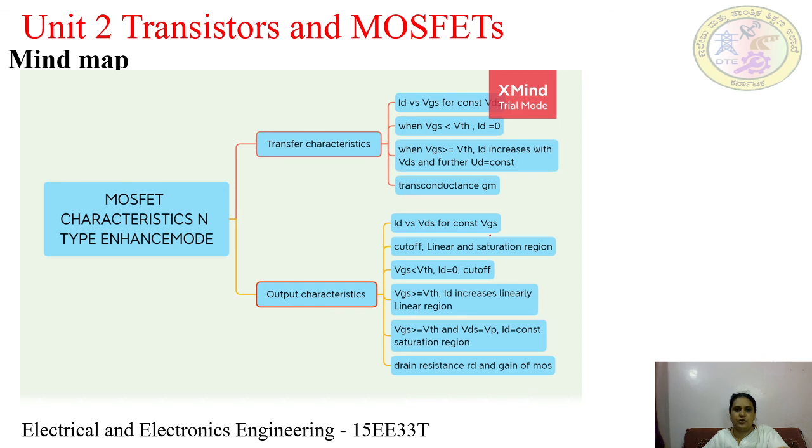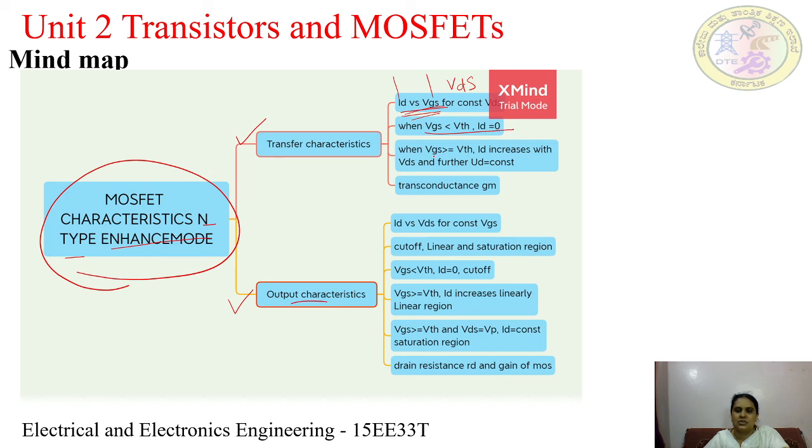So let's have a quick mind map. Today's topic was the characteristics of the MOSFET. We discussed the characteristics of the N-type enhancement mode MOSFET: the transfer characteristics and the output characteristics. In the transfer characteristics, it is ID versus VGS for constant values of VDS, so output current versus input voltage. When VGS is less than VTH, ID is 0.